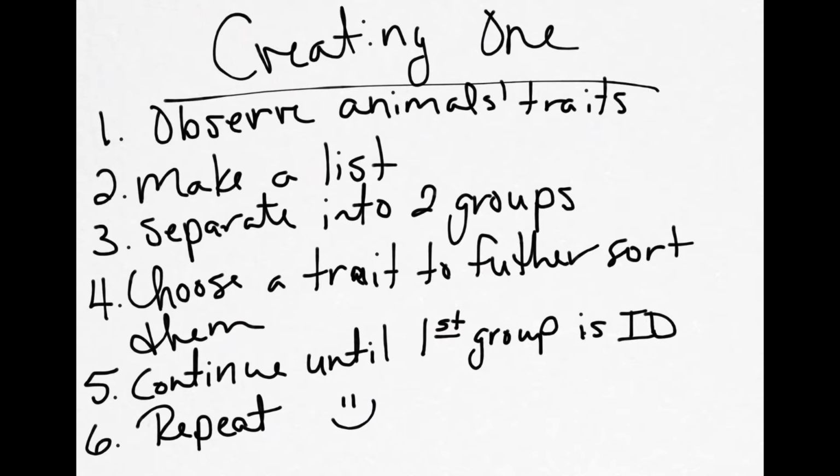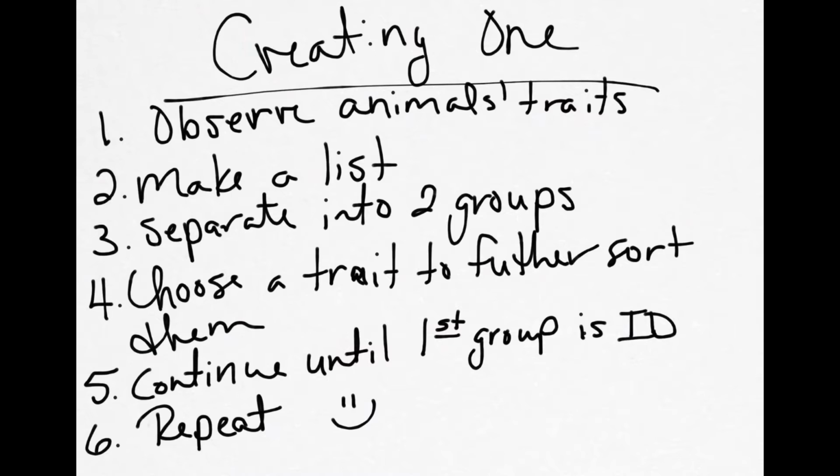So just make a list of different traits that you're seeing that you can use to group them. For example, these animals have wings. These animals have fins. These animals have gills. These animals have lungs, and so forth. And again, you want to base this on whatever animals you're trying to identify.